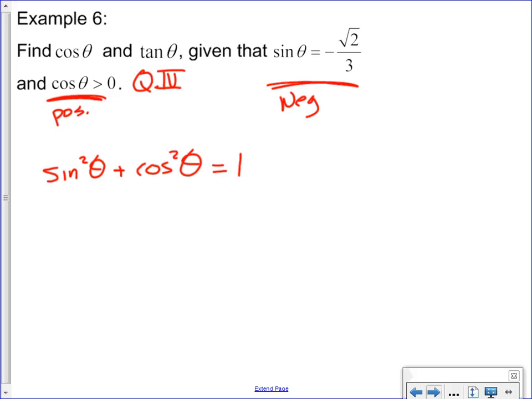Okay, I'll take you on this journey. Negative square root of 2 over 3, squared, is the sine, plus cosine squared is equal to 1. The square of negative root 2 over 3 is?